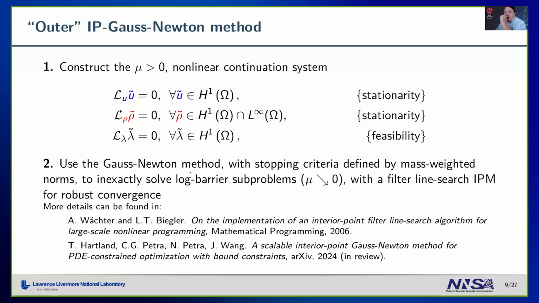Here we'll be using a Gauss-Newton method to solve this linear system, with stopping criterion defined by mass-weighted norms, in order that the optimization problem is well defined in an infinite dimensional sense, and so that the optimizer is not subject to mesh dependent algorithmic behavior that one would typically have if one applied just a standard interior point method to it.